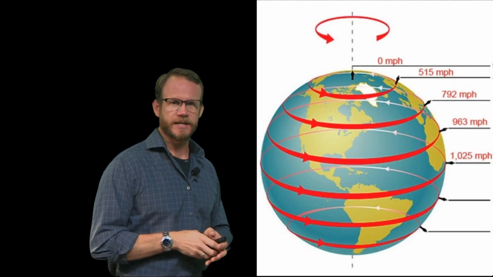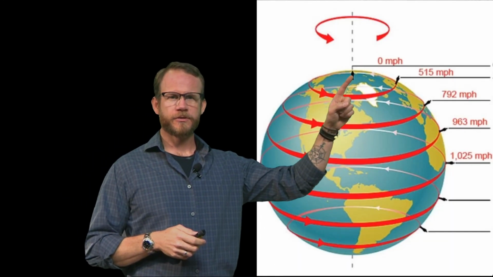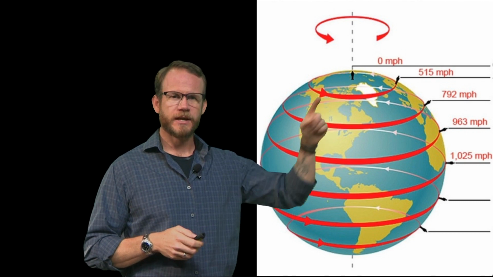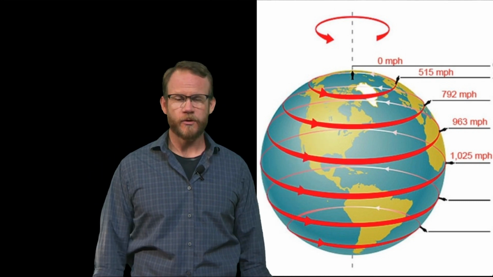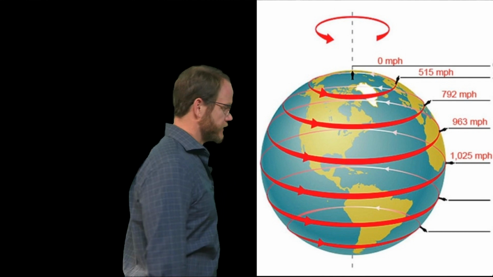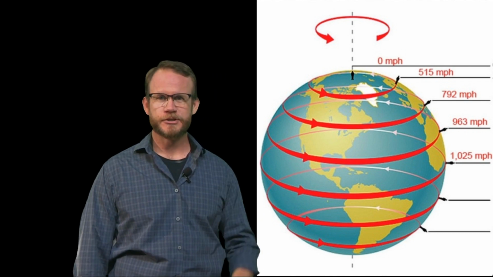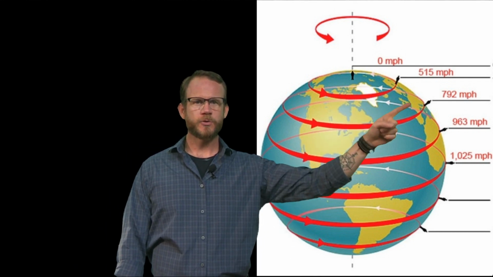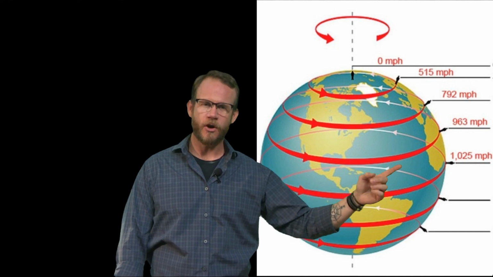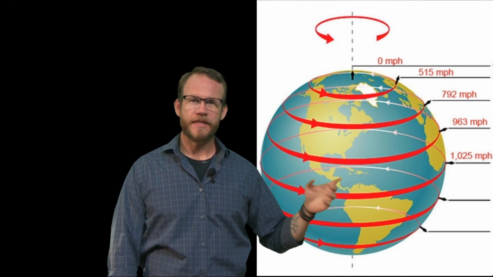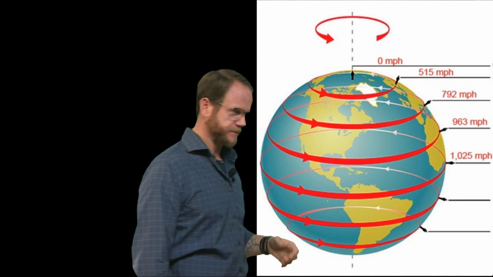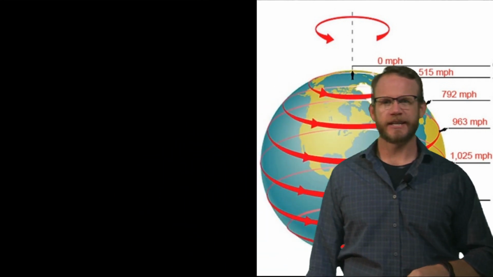And what that looks like is this. Up here at the North Pole, you can see a person standing there, and as the Earth rotates, if you were right on the North Pole, you would just rotate around. You wouldn't really notice anything. And then the further you get towards the equator, the faster you have to go to get all the way back around. This is where things get very interesting. Here's a little example I like.